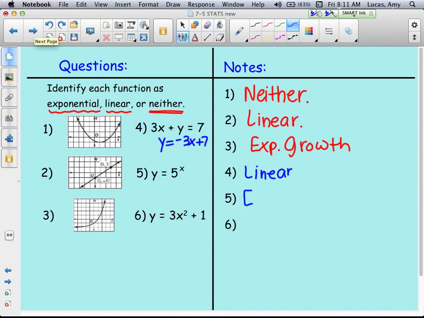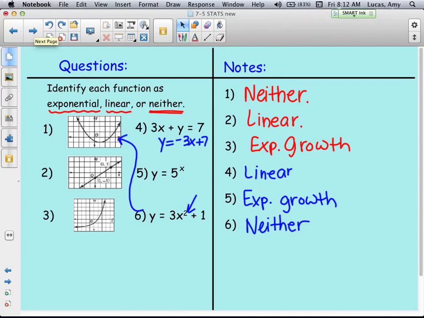Number 5, exponential and growth again, because it's positive 5. You don't have to specify the growth part. You could just say exponential. And then the last one is going to be neither, because that exponent of 2, 3x squared, if you graphed it, would give you a shape similar to this, quadratic.